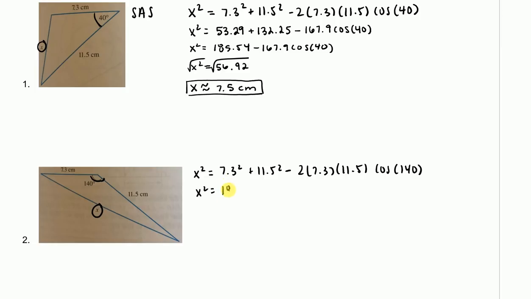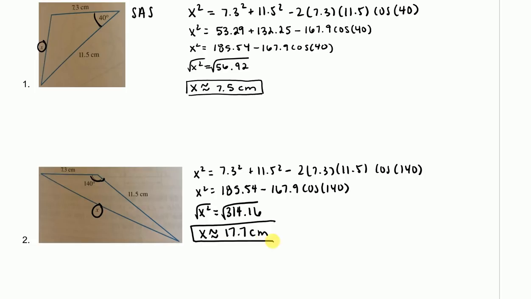So 185.54 minus 167.9 times the cosine of 140. When we put that into the calculator, we get that x squared is about 314.16, and when we square root to find x, we get that x is about 17.7 centimeters. So that's what we do if we're trying to find a side.